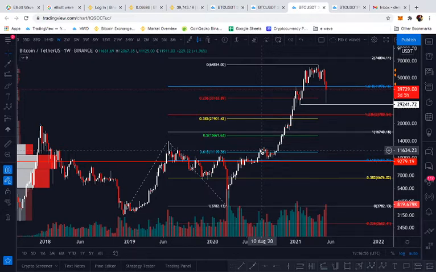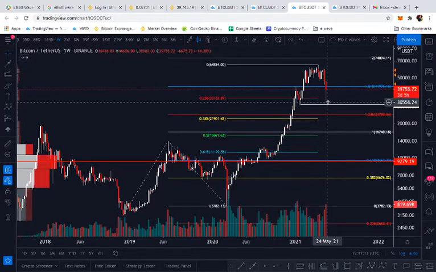A good indicator for that is the total chart, because it gives you a better scenario. But let's just say that's 1, this is 2, this is 3, this is 4, this is 5, and this is coming down to be 4, right?